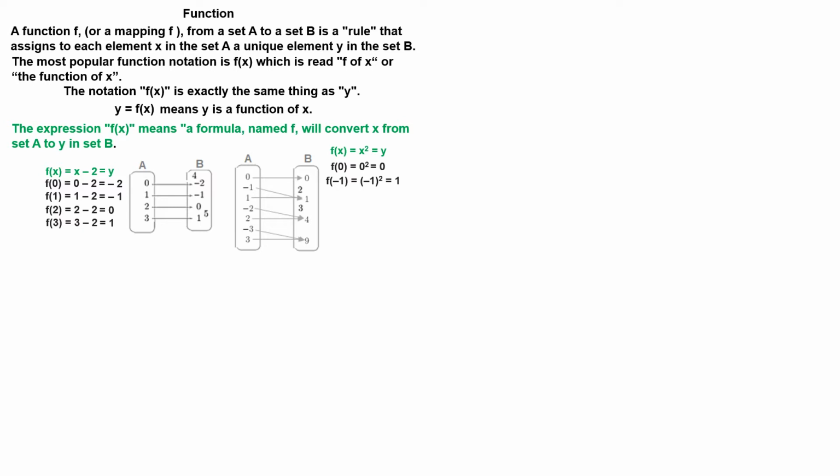When we write f of 1, the rule is square 1. When we write f of minus 2, the rule is square minus 2. And when we write f of 2, the rule is square 2.